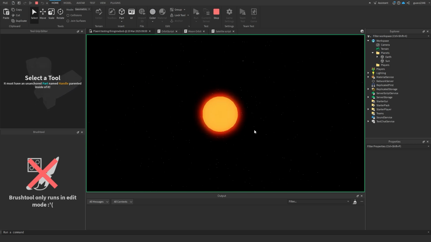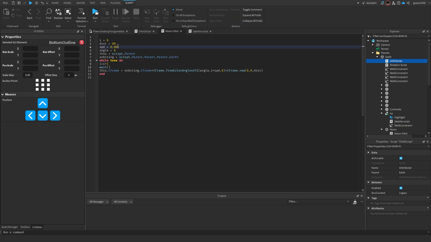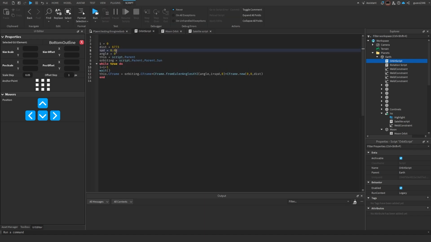So this is how the Earth is orbiting the sun. Although the Earth is orbiting the sun, the moon is also orbiting with the Earth. I think we gotta go a little bit slower. 0. Let's do 5.